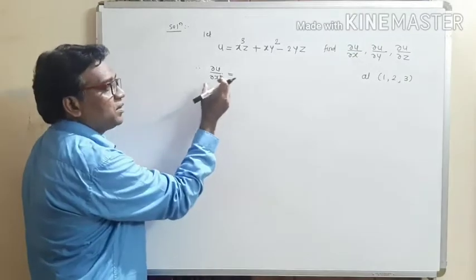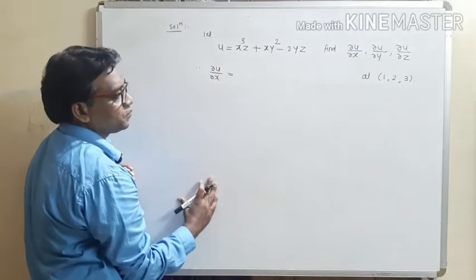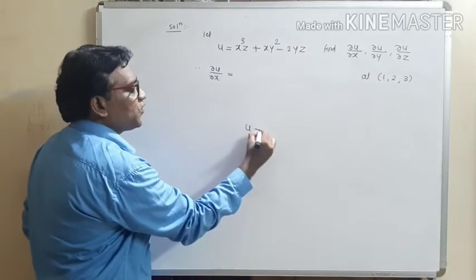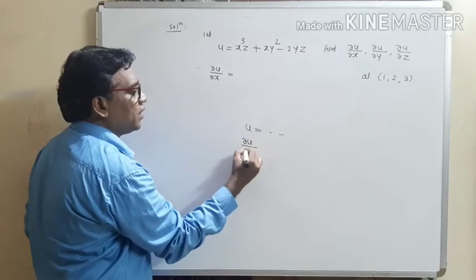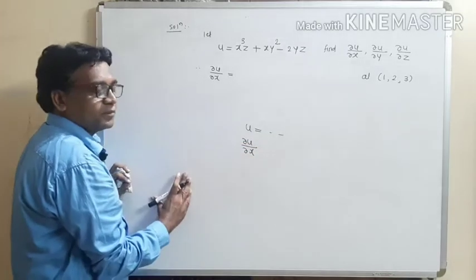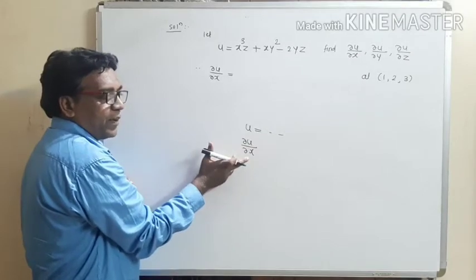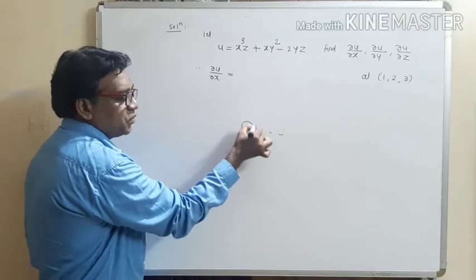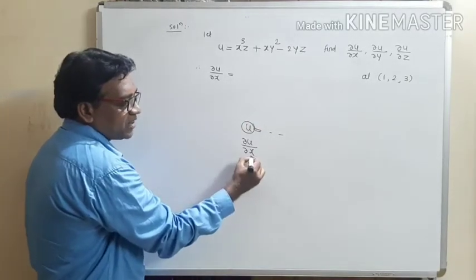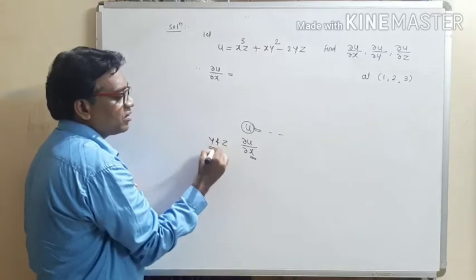See how to find out del u by del x, or what is the meaning of del u by del x. We are given this function u, and we want to find out the partial derivative del u by del x. Now partial derivative del u by del x means differentiating this u partially with respect to x by keeping the remaining variables constant.